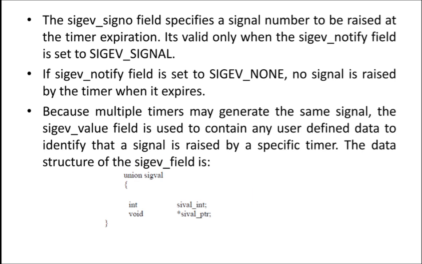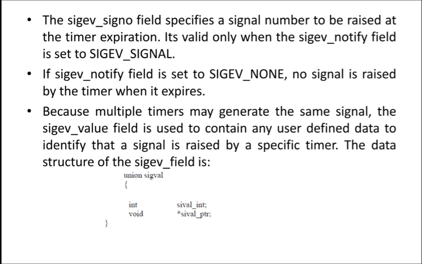The sig event signal number field specifies a signal number to be raised at the timer expiration. It is valid only when the sig event notify field is set to sig event signal. Don't get confused here. In simple words, the sig event signal number field is going to contain a signal number.